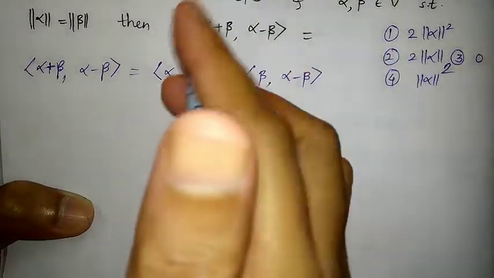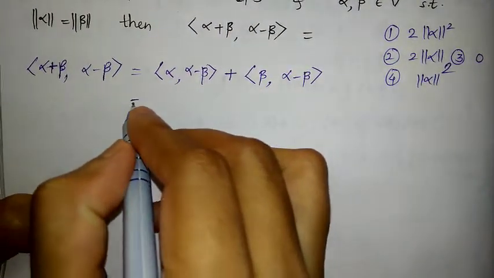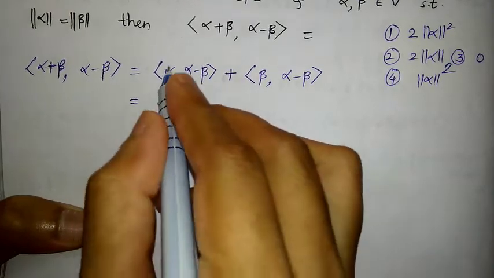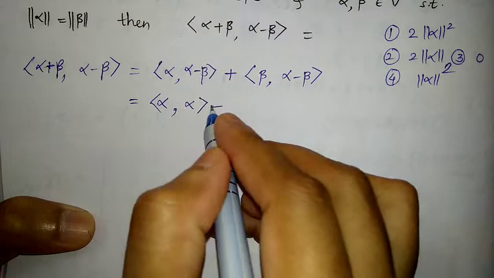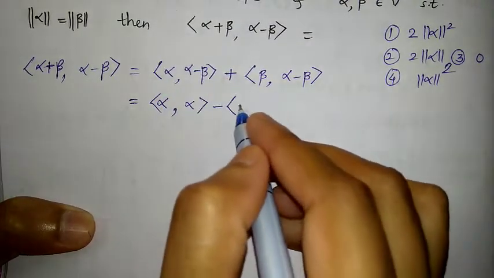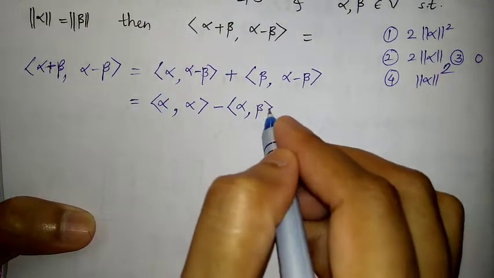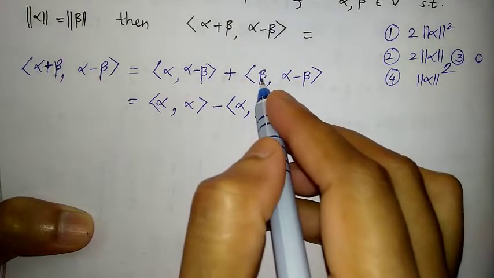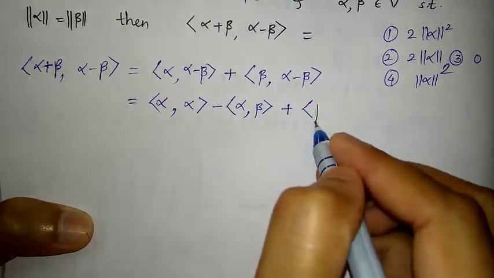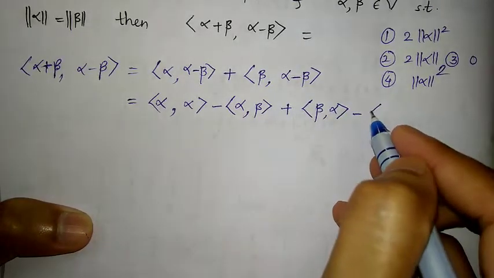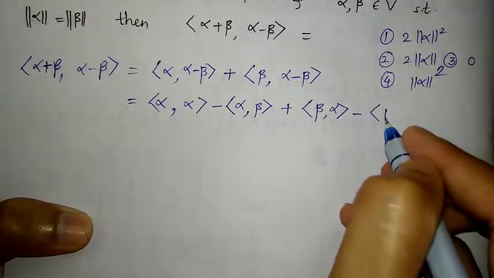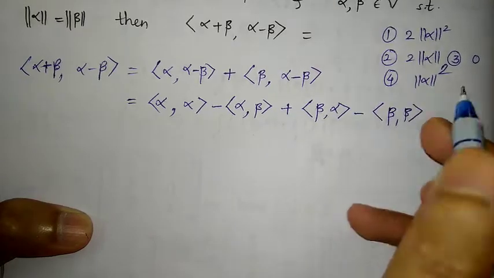Now again use the property of inner product, so this is just equal to alpha with alpha, then here it is minus, so take minus sign, then alpha comma beta plus inner product of beta with alpha, this is minus sign, so minus inner product of beta with beta, right?